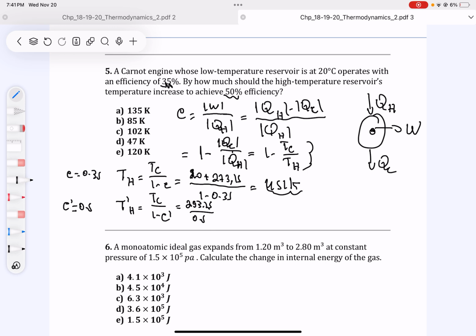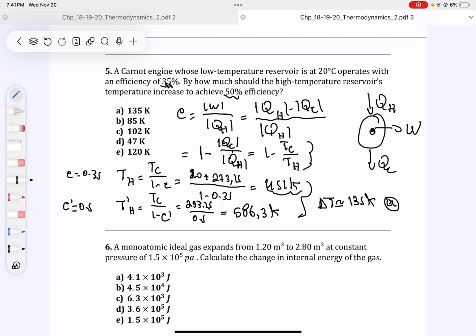Over 1 minus 0.5 is 0.5, equal 586.3 Kelvin. From here, delta T is approximately 135K. That's A.